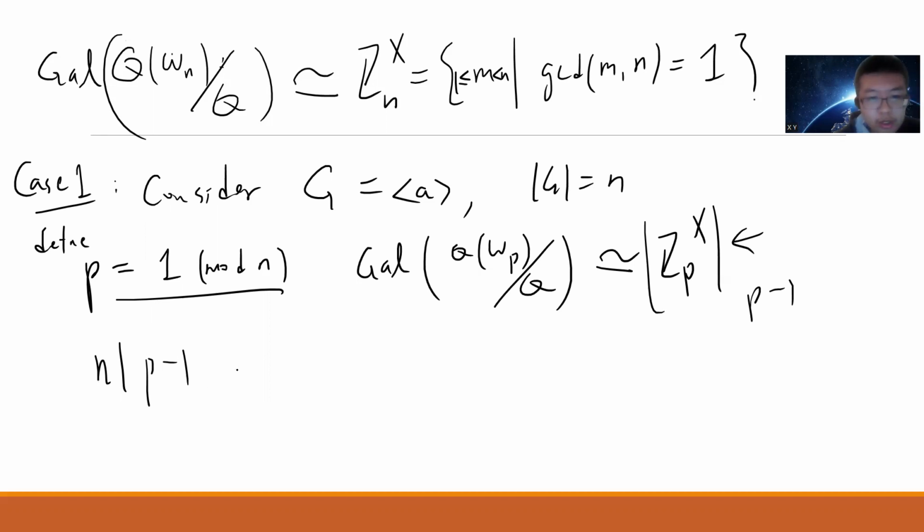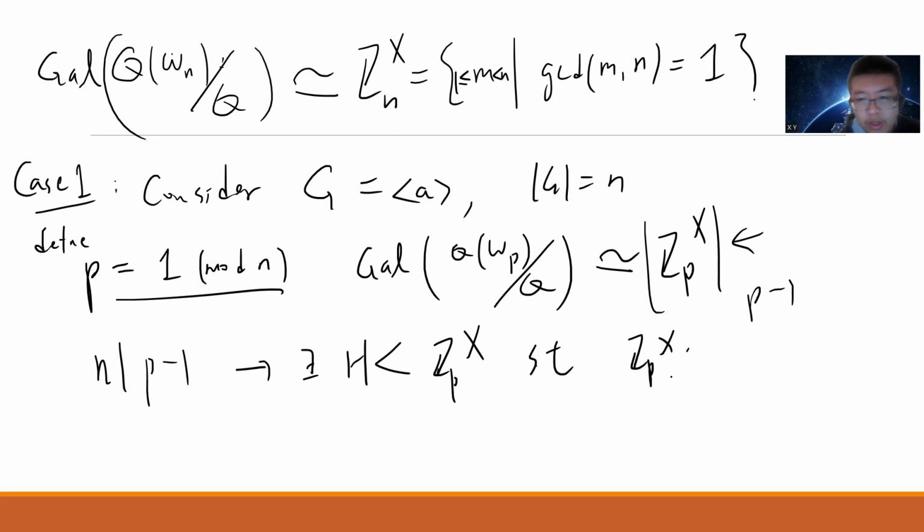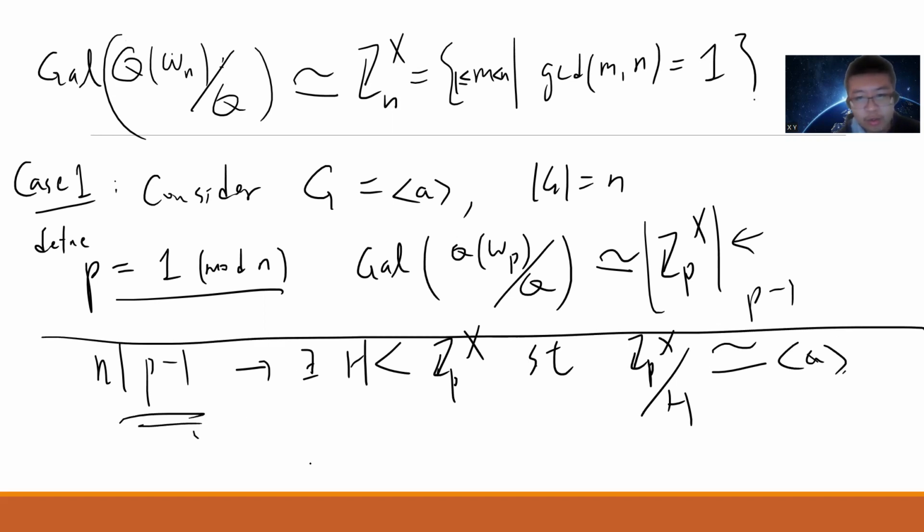That means there's a subgroup H inside Zp cross such that Zp cross quotient H has order exactly n. It's cyclic because Zp cross is cyclic, and H is a subgroup, so it is normal. So the quotient is isomorphic to C_n.